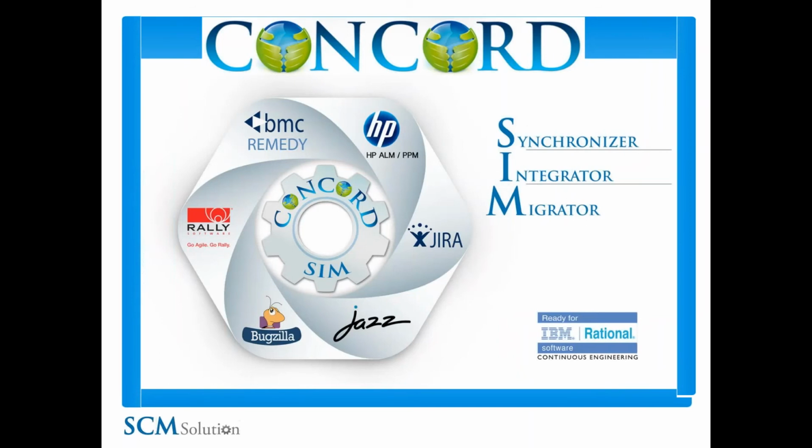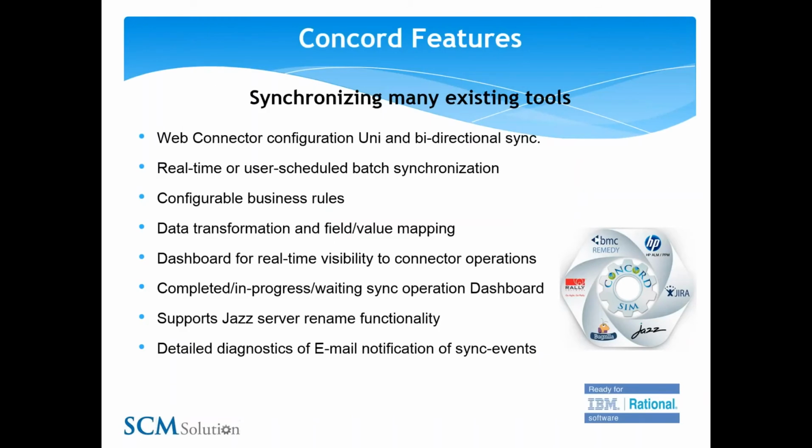And CONCORD, typically in an enterprise, a number of ALM tools are used, JAS being one, and they may have other solutions like HP, BMC Remedy, or Bugzilla. Nowadays, a lot of folks are using Jira also for change and configuration management. So CONCORD is the product developed by SCM Solution that provides integration between these tools, where you can configure mappings between two ALM systems.